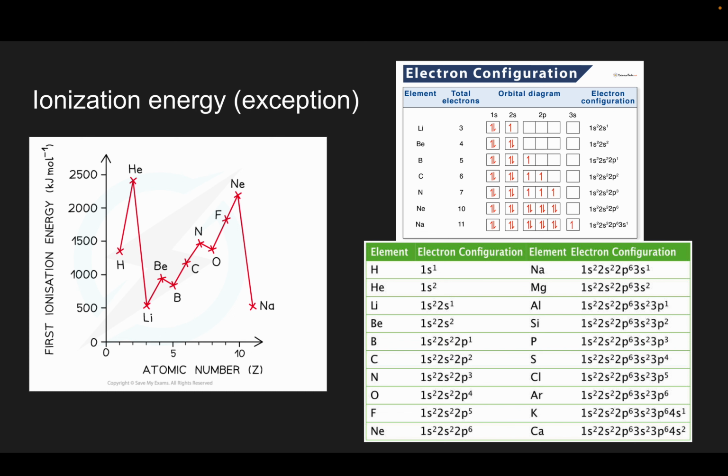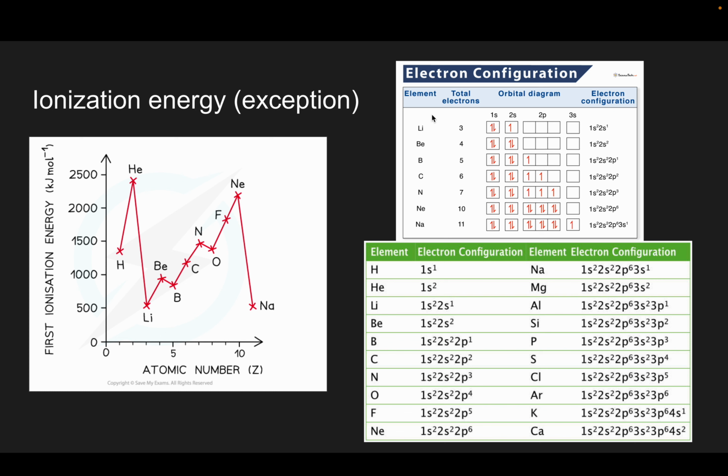So here is a little bit difficult thing for some people, might be. So here, as you can see, the ionization energy is not that consistent, and as you can see, it drops or goes higher, and so on. And to understand this point, you have to have some basic knowledge about electron configuration.